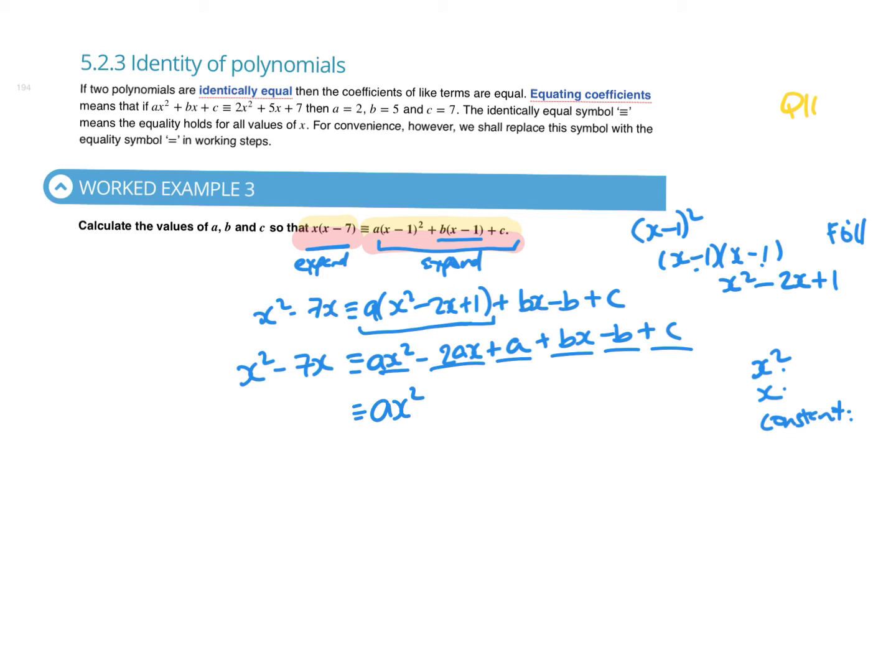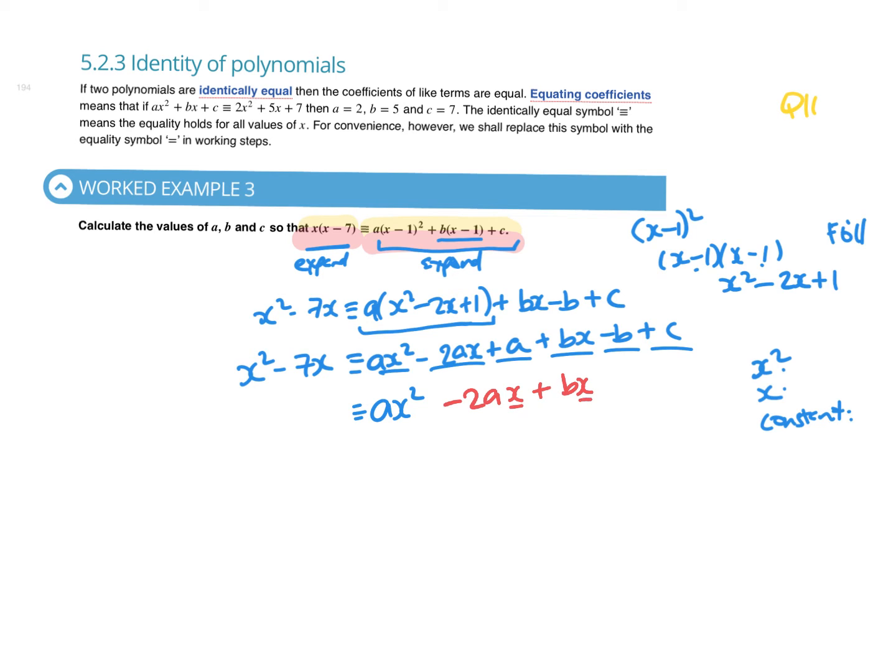And then we look for the x terms, and we have that one, and a bx. So what we have is plus 2ax's. No, my bad, it's minus 2ax's, plus bx together.